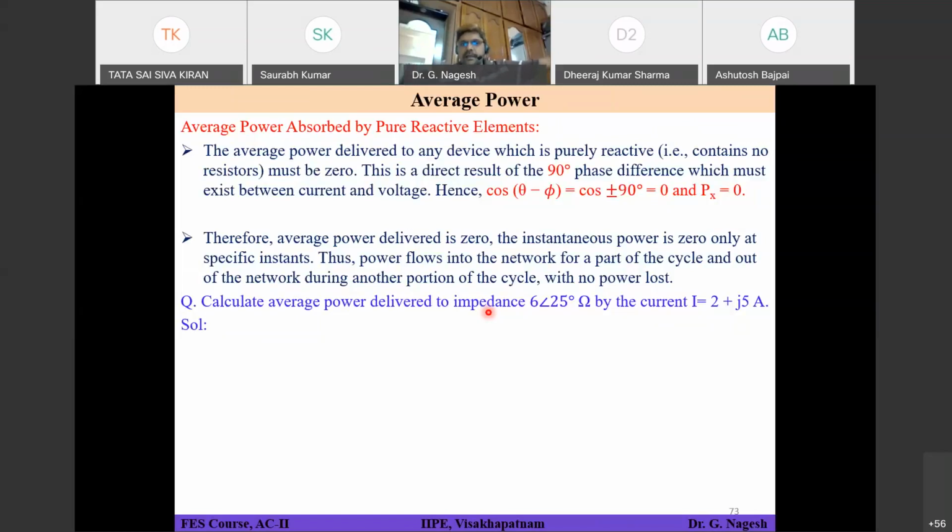That means the reactive element will absorb power for some time, and in the other half of the cycle it will deliver it back to the source. So no power is actually lost. It is only transferring from the source to the load, here the reactor, for some time, and again it is transferring back to the source. So the average power consumed by any pure reactive element is 0. Is it clear?